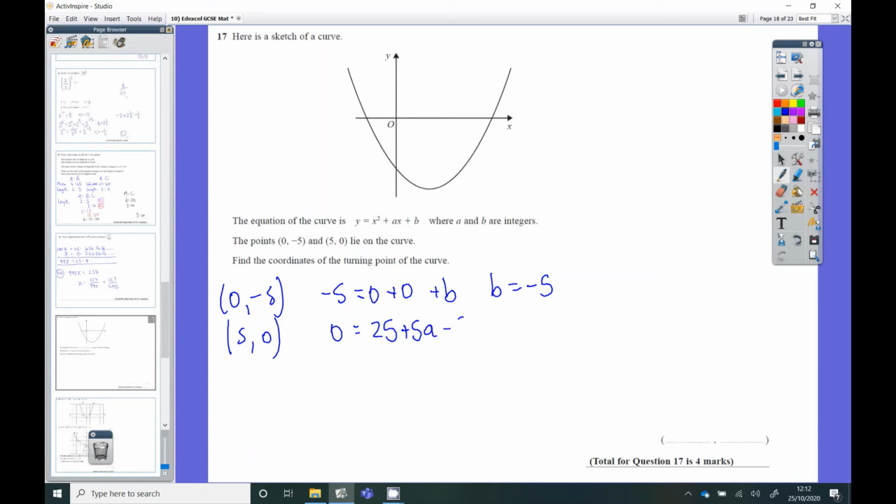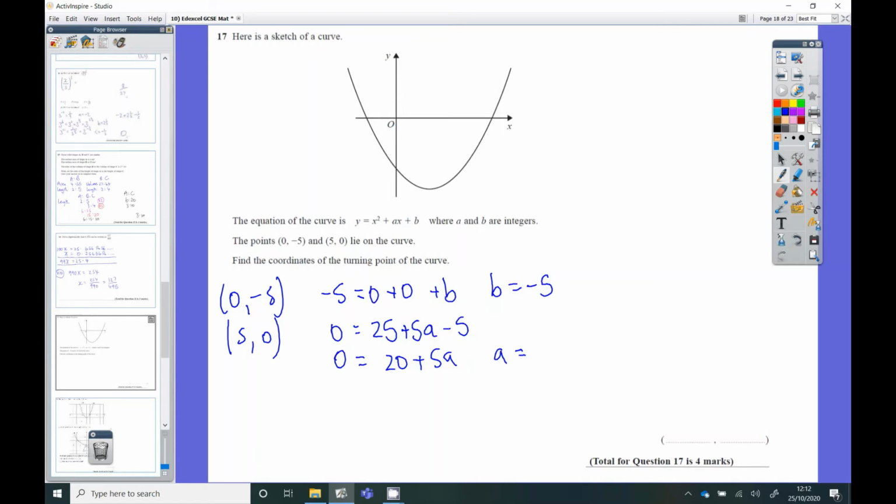So we've got 0 equaling 25 plus 5a minus 5. So 0 equals 20 plus 5a, so a must be minus 4.